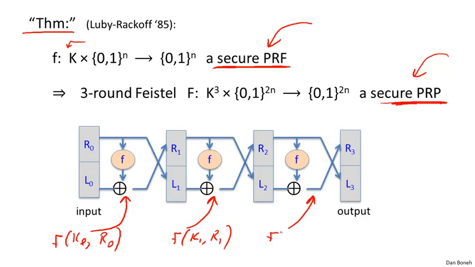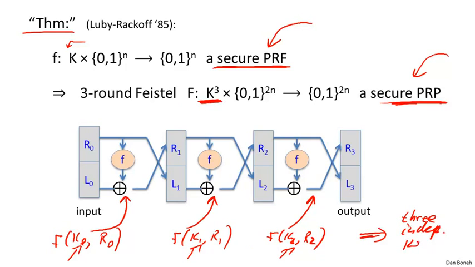And here we have yet another secret key, K2, applied to R2. And you notice this is why this Feistel construction uses keys in K cubed. In other words, it uses 3 independent keys. It's very important that the keys are actually independent. So really we need 3 independent keys, and then we end up with a secure pseudo-random permutation.